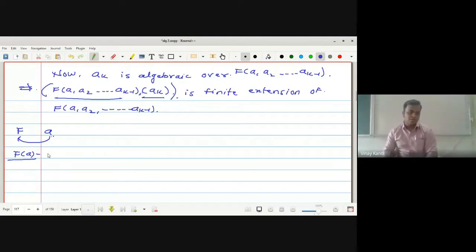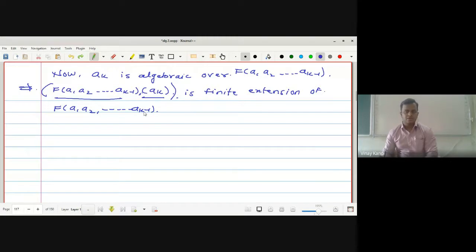Similarly here F of A1, A2 up to so on AK minus 1 is a field.